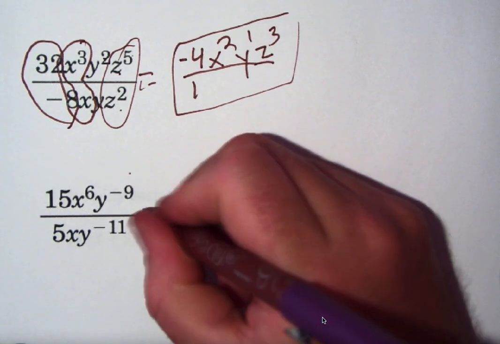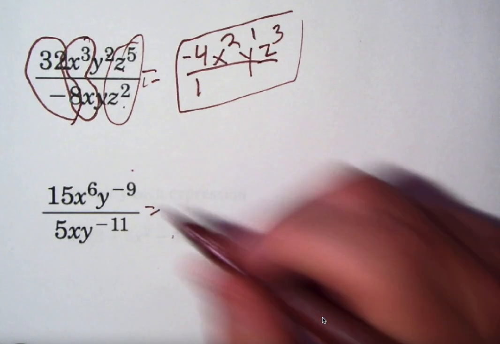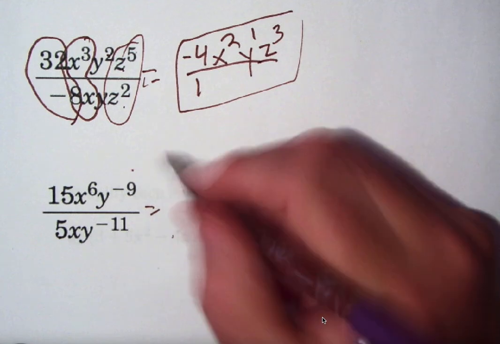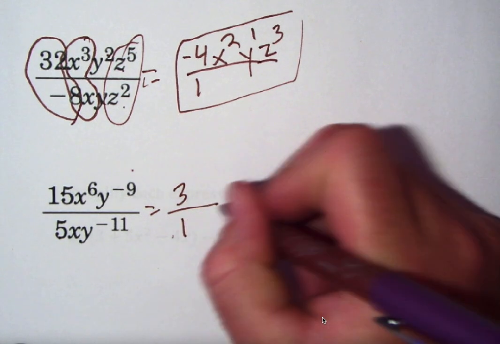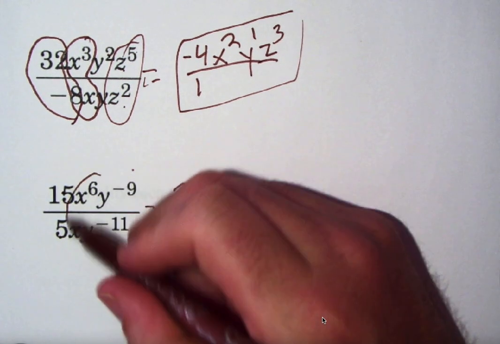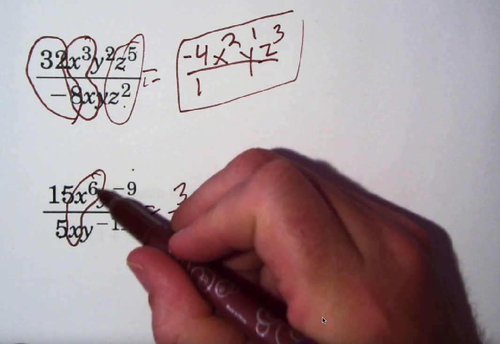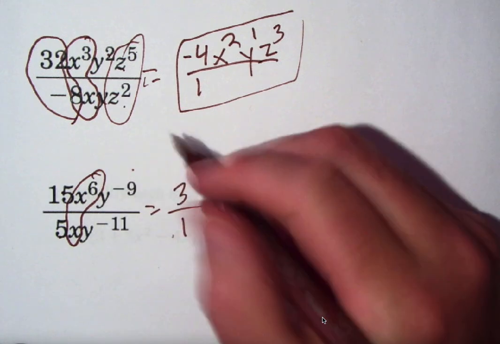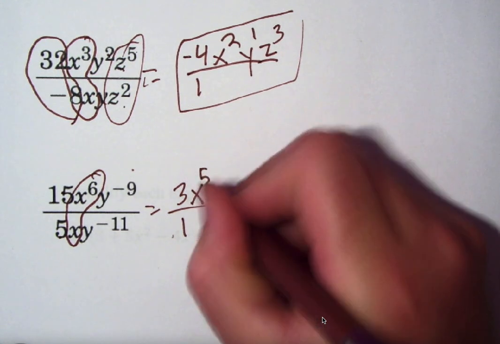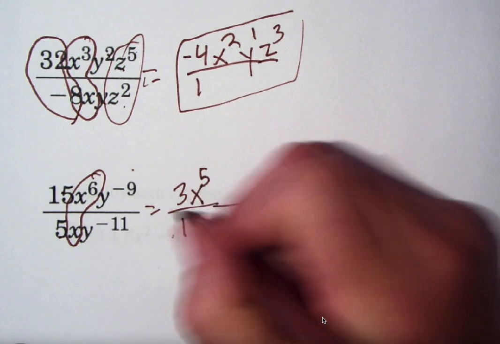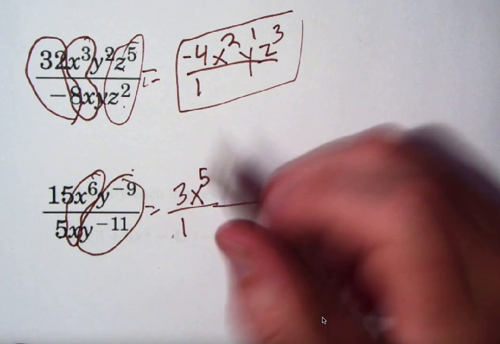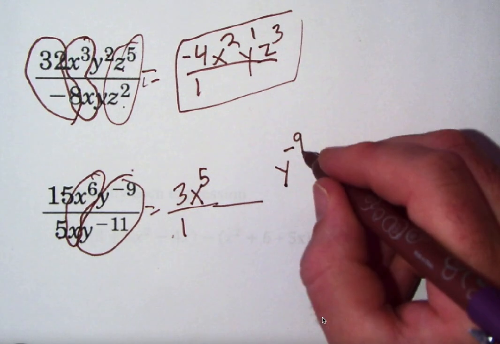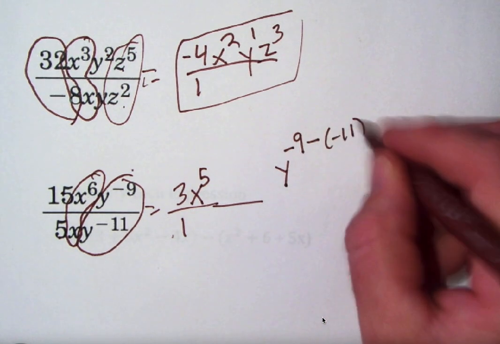Okay. Again, more like what's going to be on the final. You look at it. I see 15 divided by 5, so I know that is 3 over 1 right away. I have x to the 6th and x to the 1st, so if I subtract the exponents, you still have 5 x's in the numerator multiplied together. Here, you might want to do the math. It's y to the -9th minus -11.